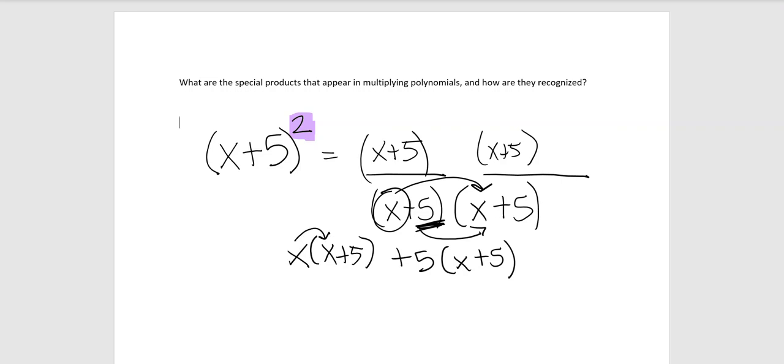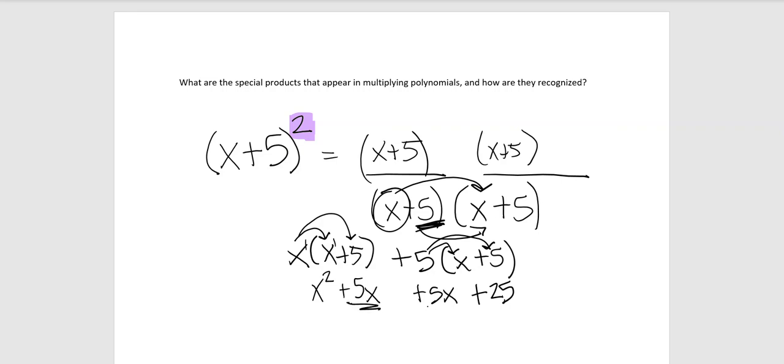X times x is, don't forget when you're multiplying to add the exponents, so 1 plus 1, so that's x squared. And then we have x times 5, which is 5x. Then we have 5 times x, which is 5x again, positive. And then we have 5 times 5, which is positive 25. Now we can combine our like terms.